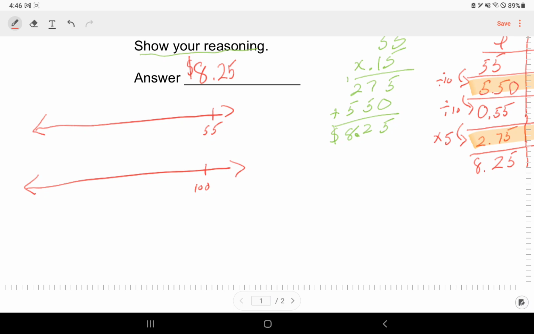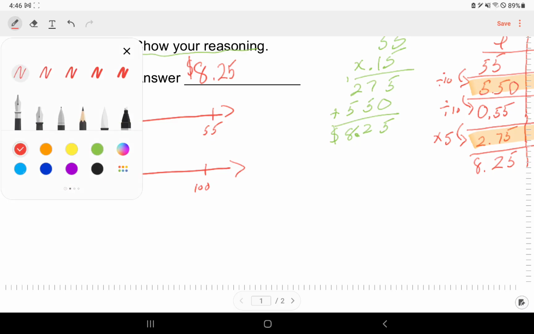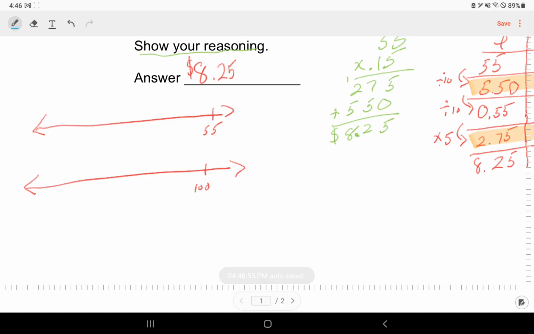And so again, it doesn't matter how we get all the way down to 15, as long as we get there. And so I could say, well, I'm going to use this color just to show. I'm going to divide by 2 and get my 50%. And so 55 divided by 2 is 27.50.